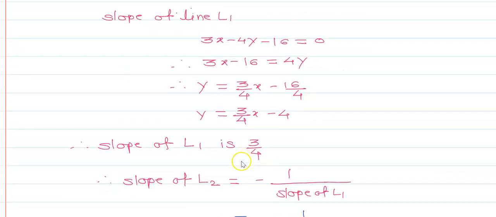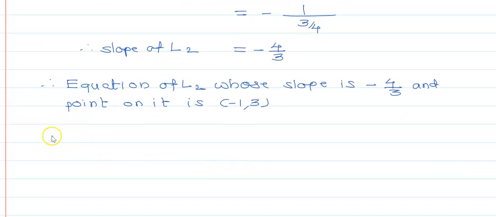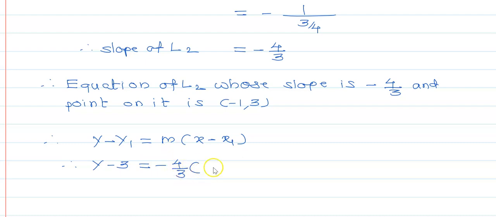Okay, the point is -1 and 3. Therefore y - y1 = m(x - x1), and it is y - 3 = -4/3 (x - (-1)), and therefore y - 3 = -4/3 (x + 1).